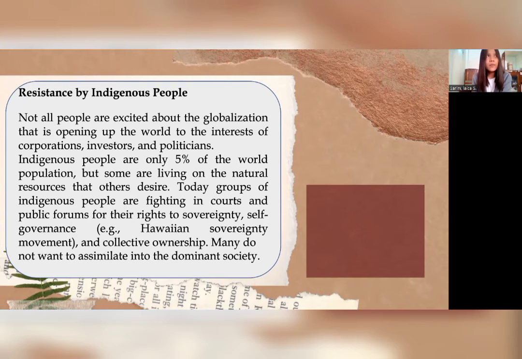Those indigenous people, those who live in the mountains, for example, rely on our natural resources. The natural resources are their source of food, their source of income, their source of living. So, for example, if there will be mining, of course, the natural resources will be affected. So those people living in the mountains will be affected as well.